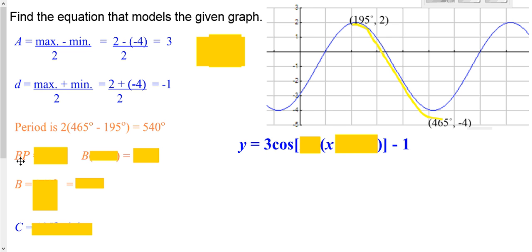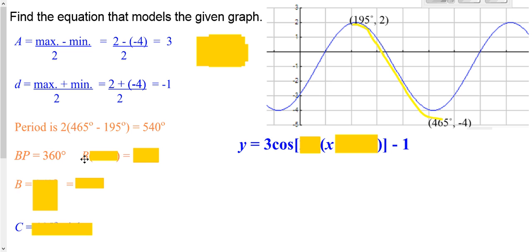Now we're going to use peanut butter. Our b value times our period equals our normal period. So we're dealing with degrees up here for our units. So I'm going to be having it equal to 360 degrees. If we were dealing with our x being pi and radians, I would then have 2 pi here. So I'm going to go peanut butter equals 360.